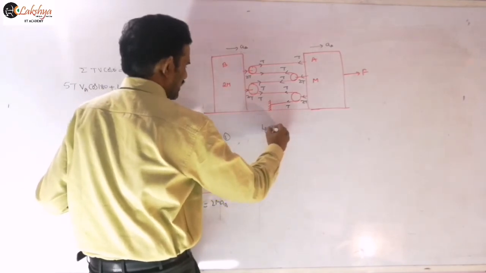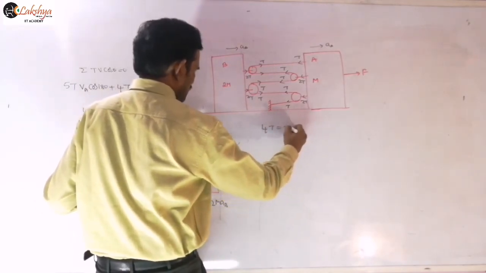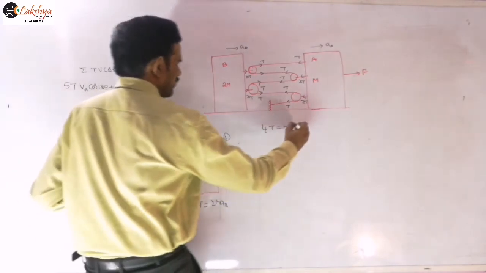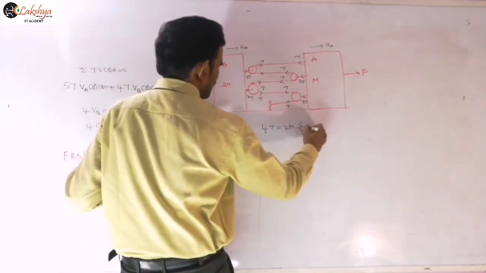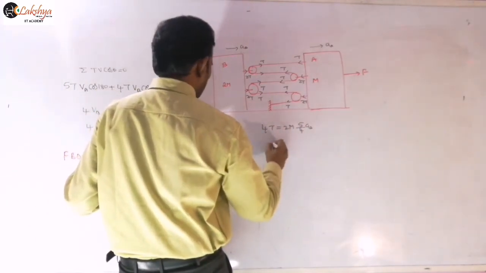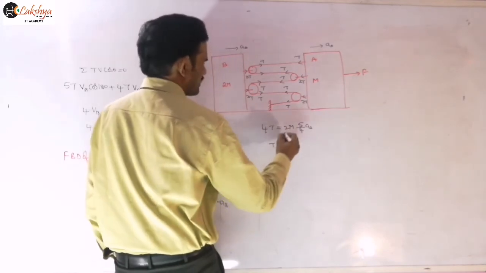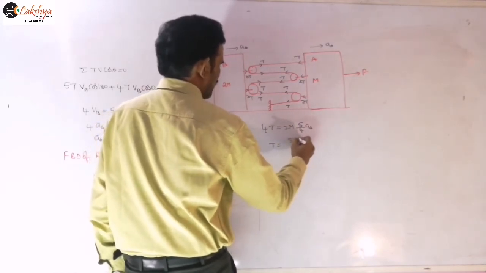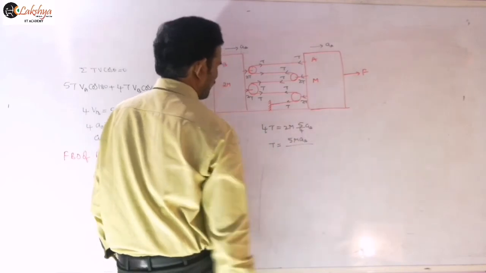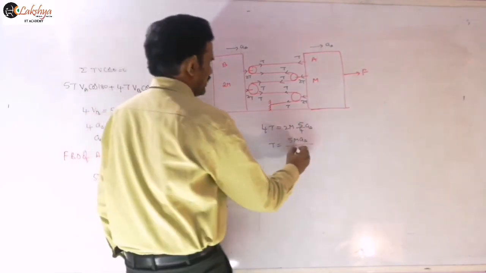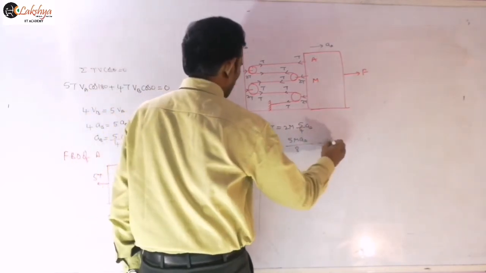Therefore 4T is equal to 2m into 5 by 4 into acceleration of A. Therefore this T value finally you can write as 5m into acceleration of A by 8. Let it be equation 2.